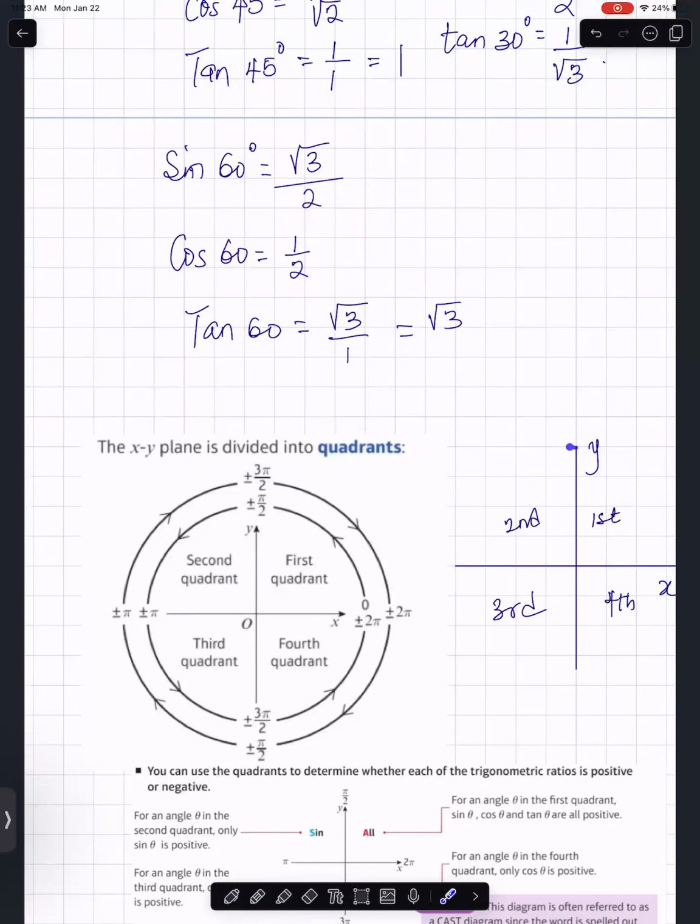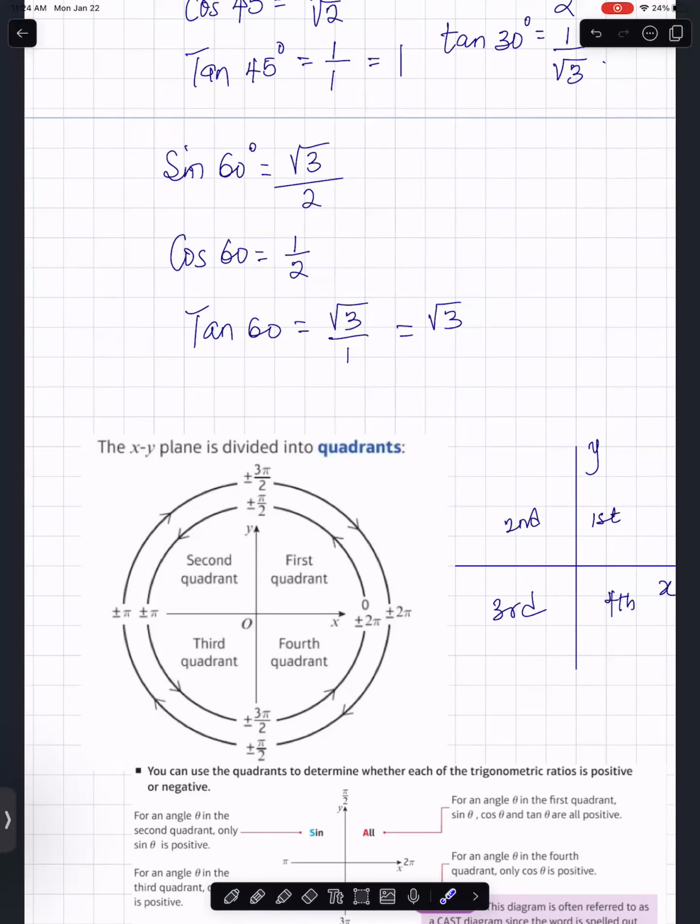Then we move to the second quadrant. On this second quadrant, I have it as 91 to 180 degrees. That is why we have plus or negative pi, because we know pi is our 180 degrees. Then the third quadrant, moving this way, ranges from angle 181 to 270 degrees. So we have 3 pi by 2, which is 270 degrees.